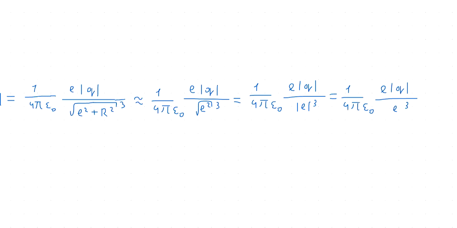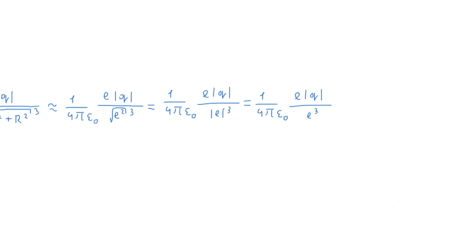And finally we will get 1 divided by 4 pi epsilon 0, absolute value of Q divided by L to the power of 2. Okay, do you have any questions about this?